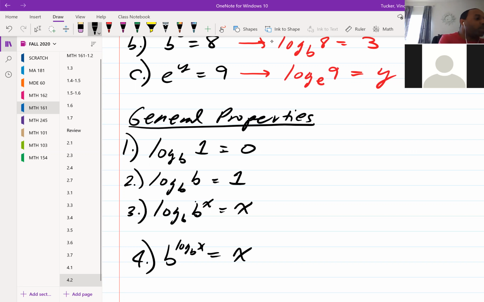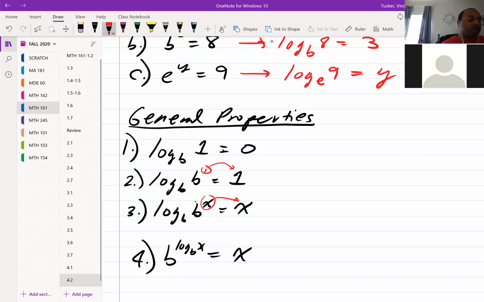So if you apply the log to 1, the result is going to be 0. Log base b of b will be equal to 1. Log base b of b to the x is equal to x. Basically, you drop the b and you're left with the exponent. And that's a variation or an extension of rule 2 because your exponent here is 1. And so that's what's left, that one. Same thing here. Your exponent is x, and what's left is the x.